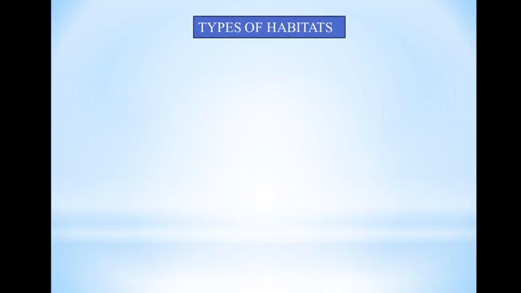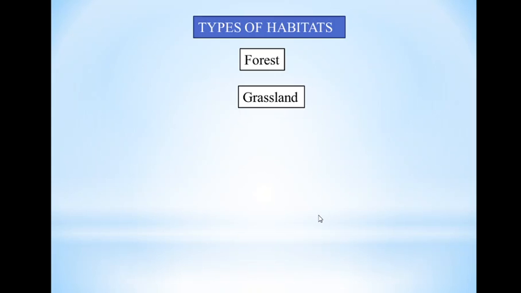Next, we'll move to the various types of habitat we see. There is the forest, and we believe the forest is the only habitat for biodiversity. But there are grasslands, and various types of wetlands.